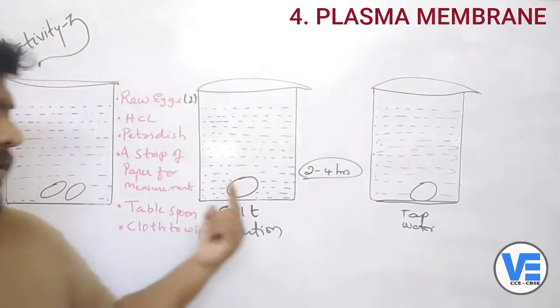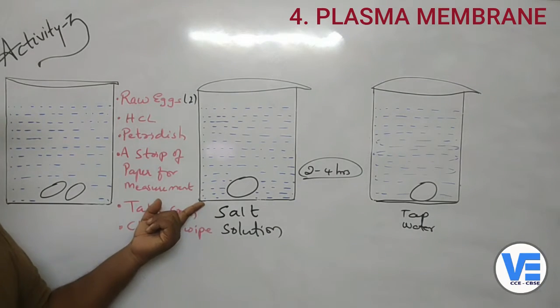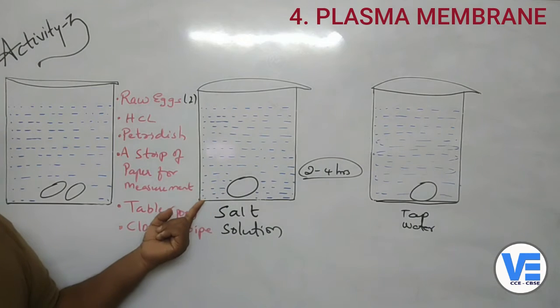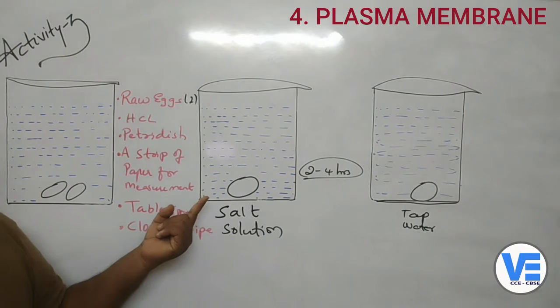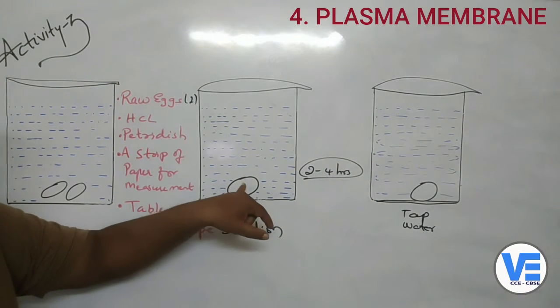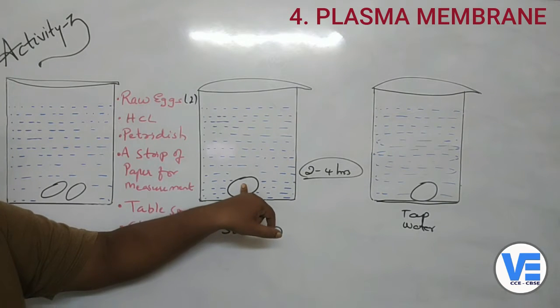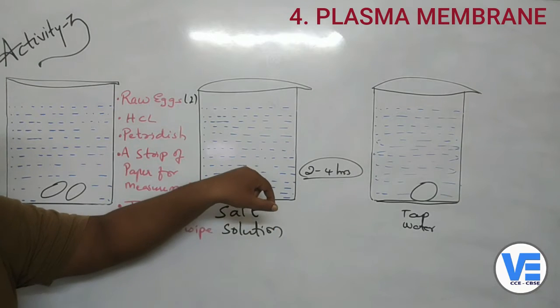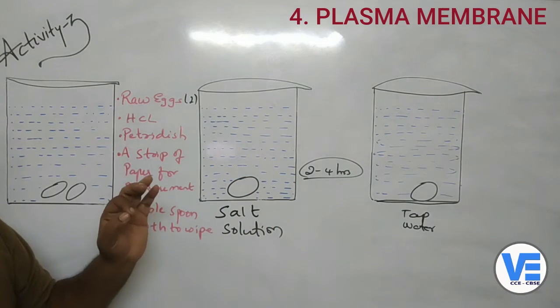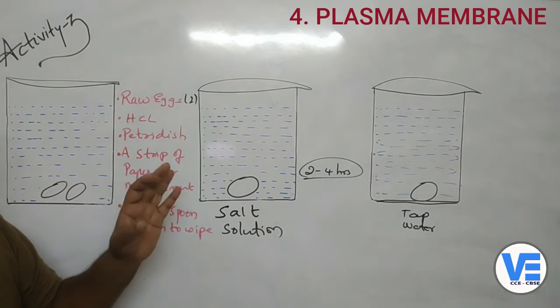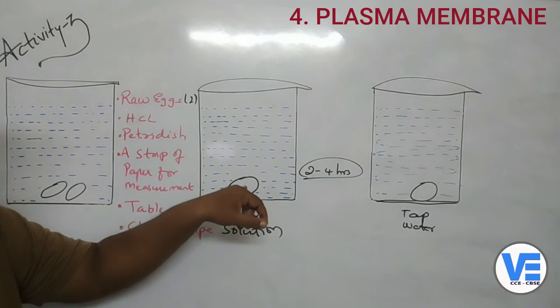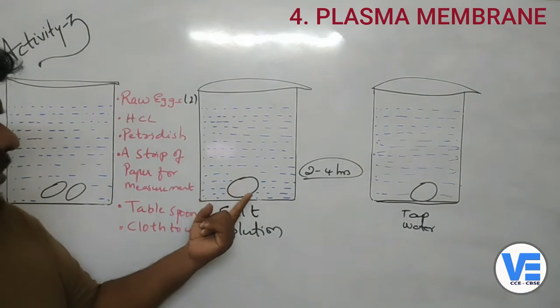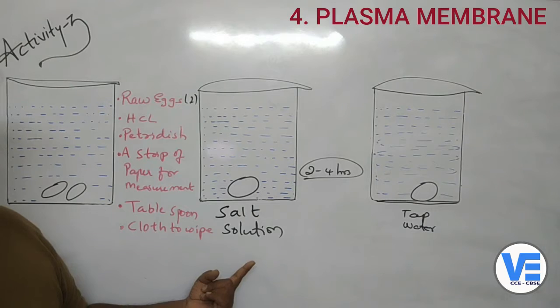First of all, we'll talk about the salt solution, the egg which we have taken in the salt solution. Already this is a concentrated salt solution, so the egg which we have kept in it will shrink completely.